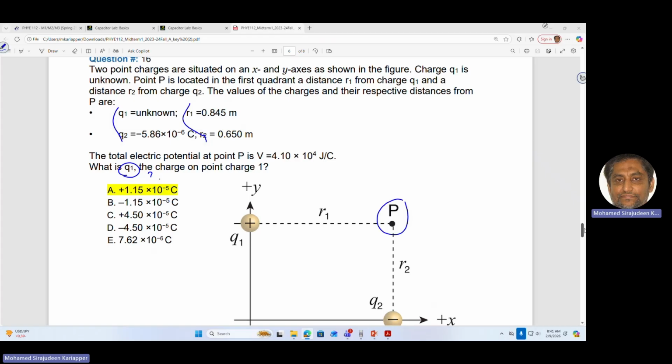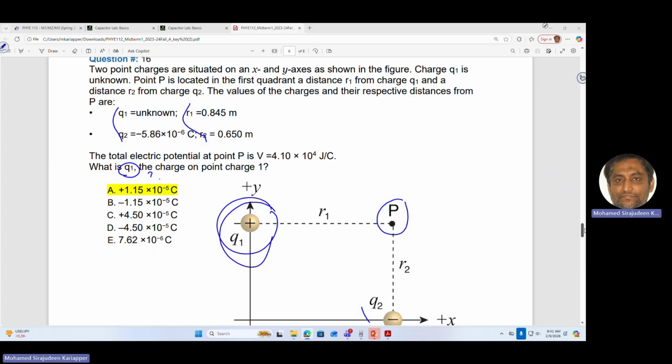Here we give the net potential at point P, but we don't give one of the charges, and ask for Q1. But you have a calculator, so you don't do algebra or anything, you just write the equation and tell the calculator to solve for it. So we have the superposition principle for potential.